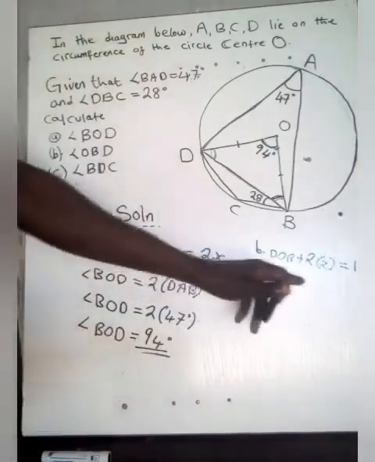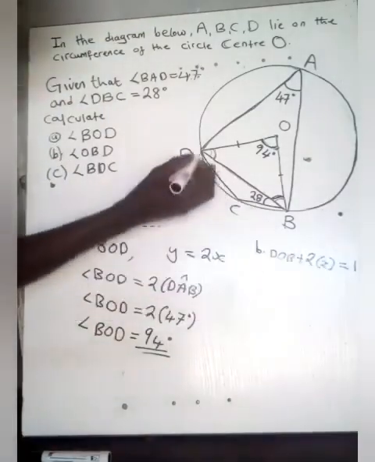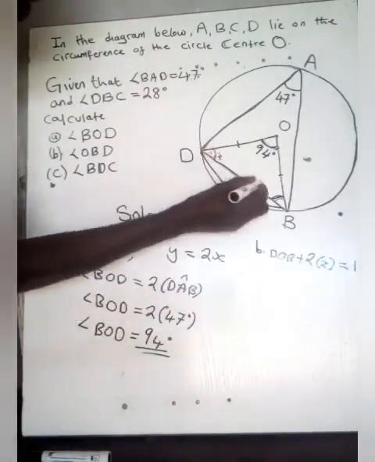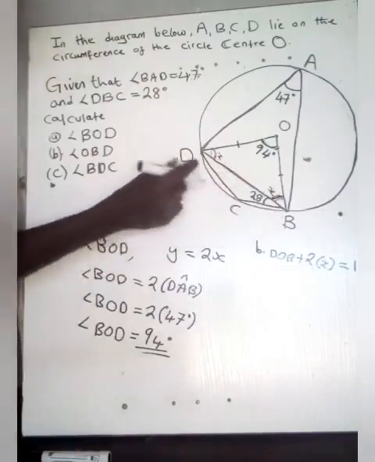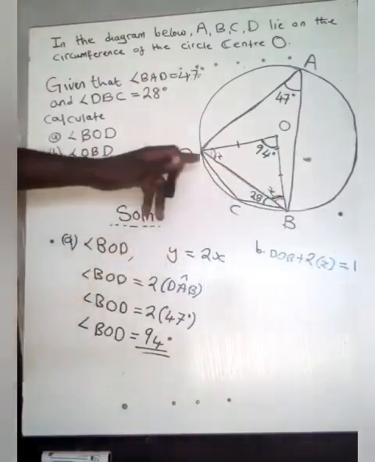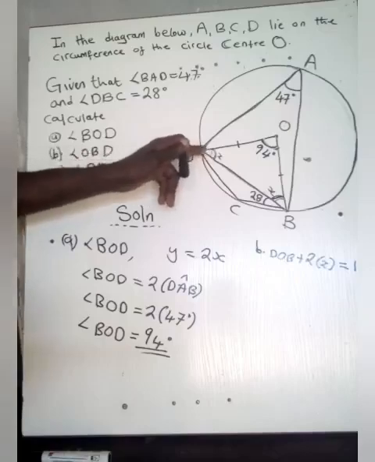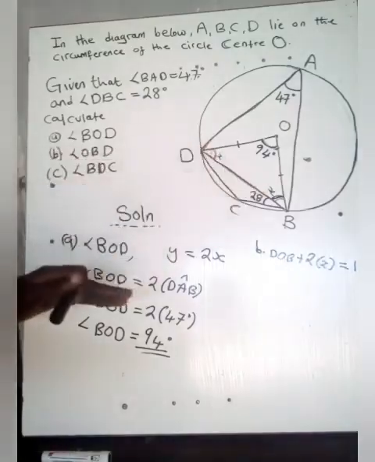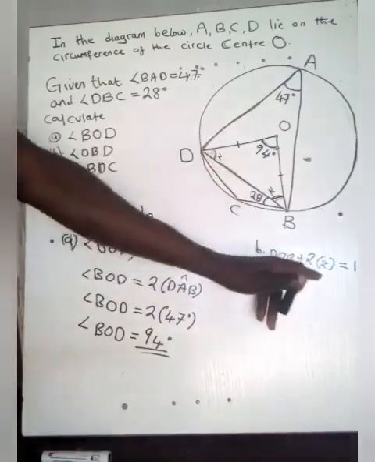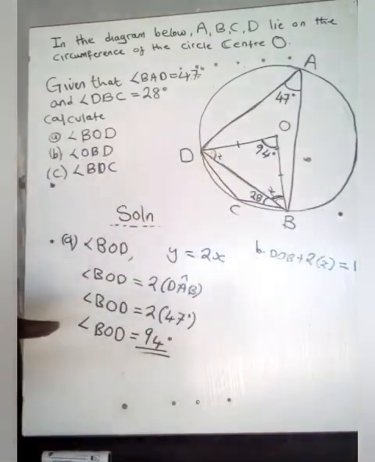Some of you are wondering where this 2x is. This x is representing these angles here because they are equal. I don't want to write them out because they will confuse me, but since these are base angles and equal in an isosceles triangle, I will represent them as x.